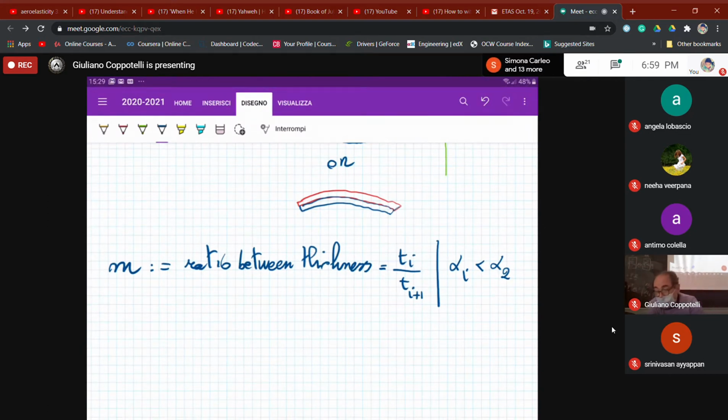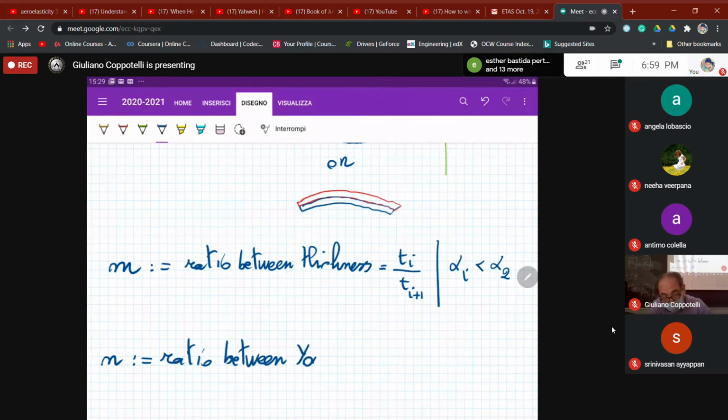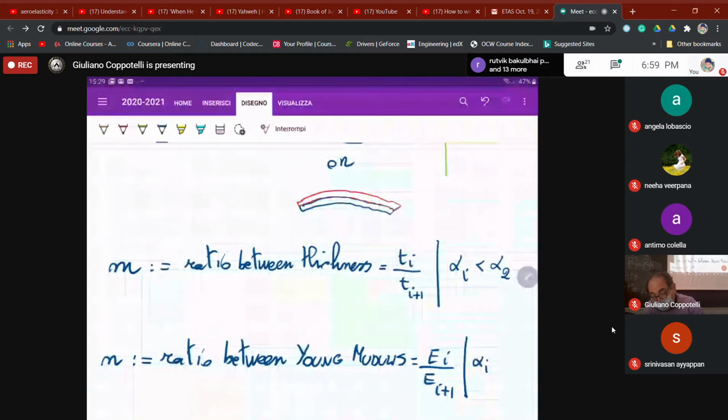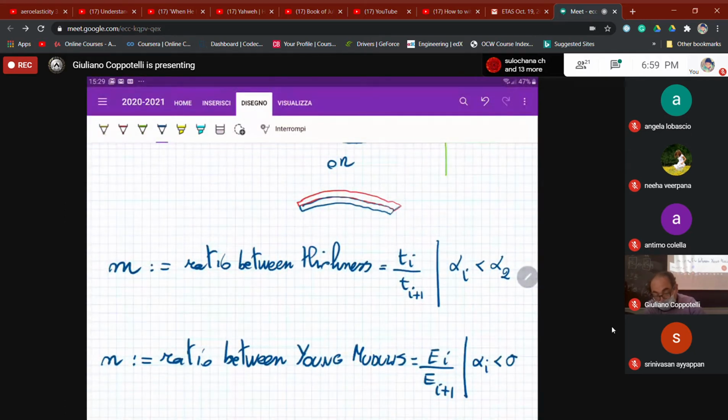The same coefficient could be defined by referring to the Young modulus. I define another coefficient n, that is the ratio between Young moduli, that is Ei over Ei plus 1, for which, once again, alpha i is less than, oh sorry, I got an error.